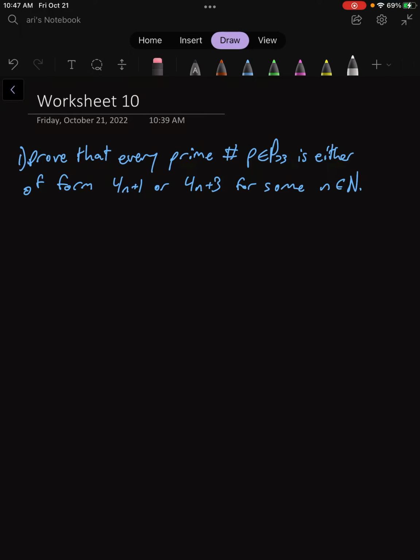So we know from the division algorithm, and this is something that you could find in the recent lectures, that every natural number, let's call it all a in n, can be written as 4n plus 1, 4n plus 2, or 4n plus 3.